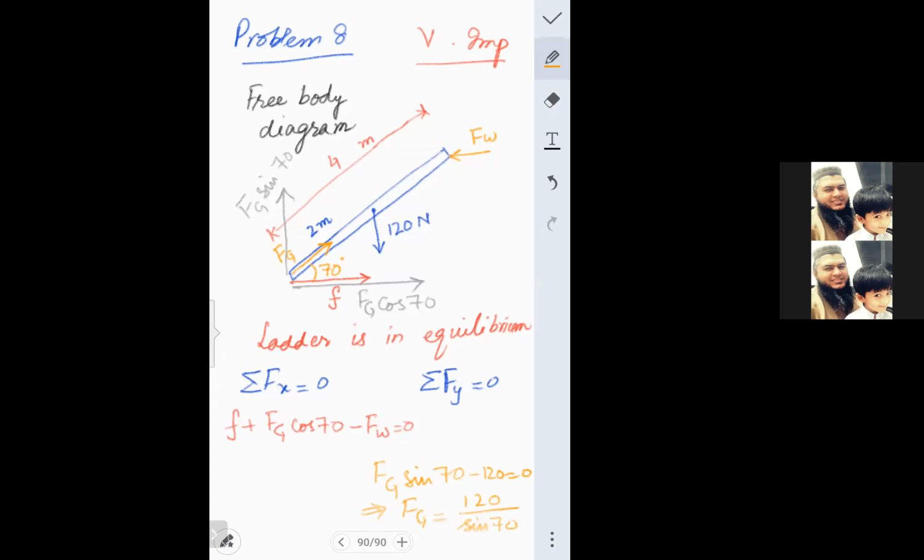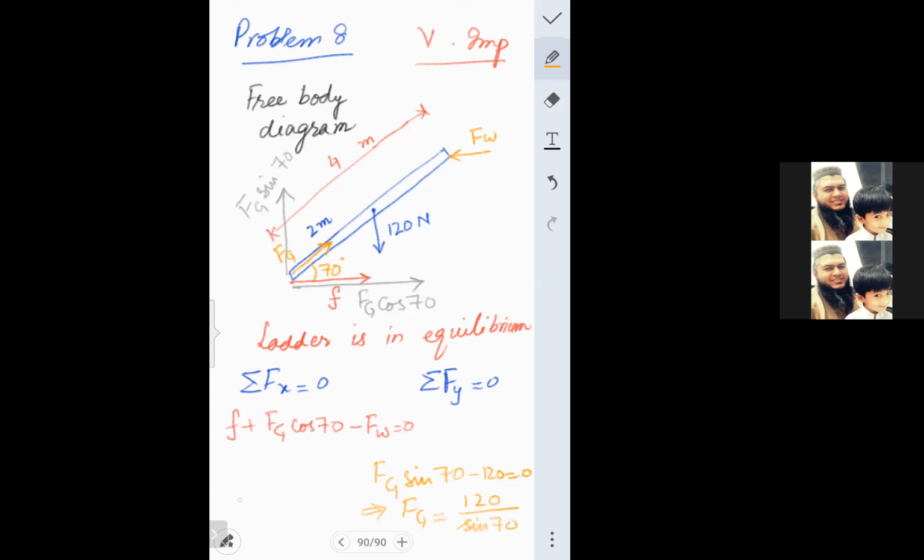If I do it with the calculator, sin 70 is 0.939, and if I divide 120 by it, this will be 127.7.